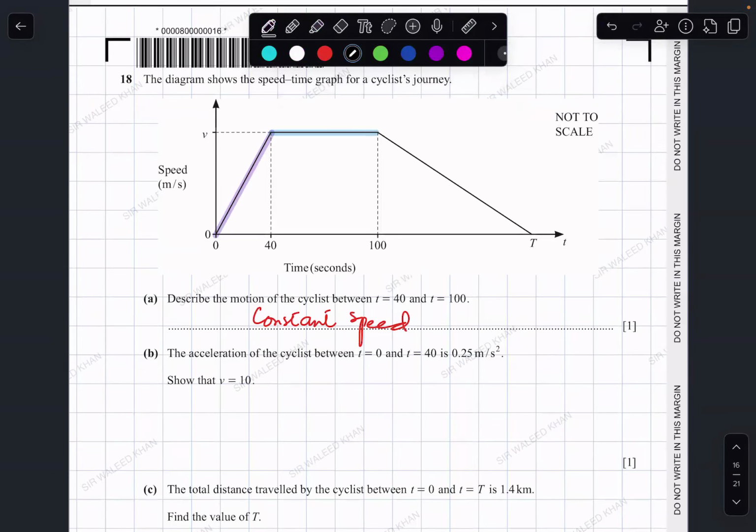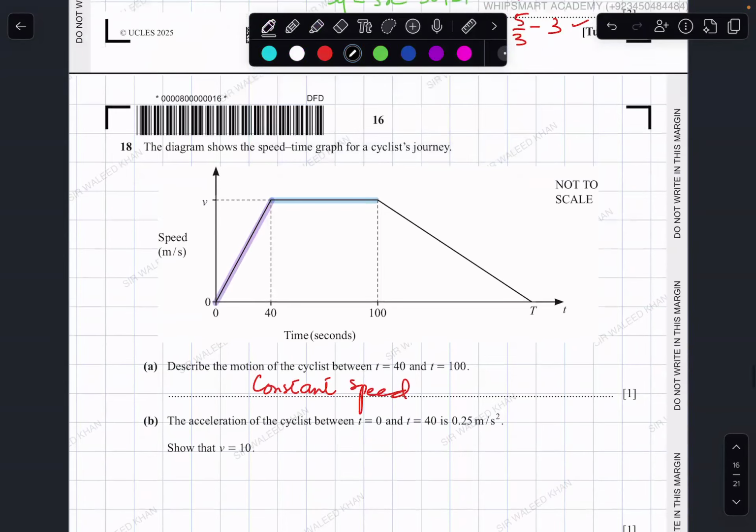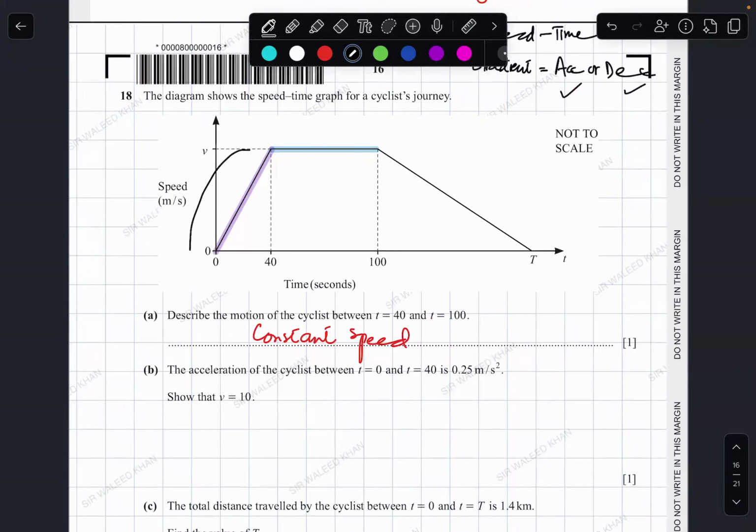So gradient in a speed time graph represents acceleration or deceleration, depending on the line. If it's moving from left to right upwards, it's acceleration. If it's moving from left to right downwards, it's deceleration. So over here, this portion is related to acceleration.